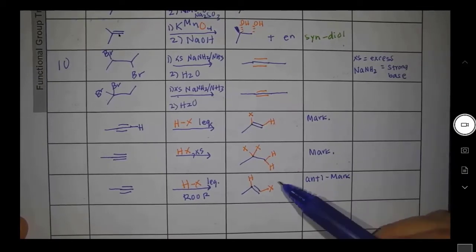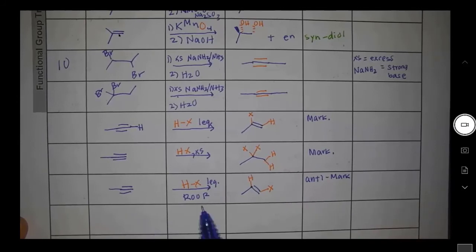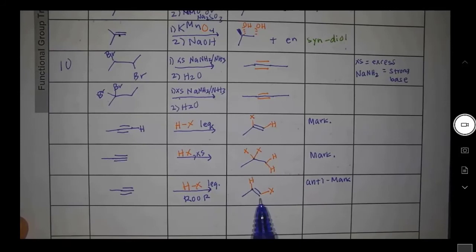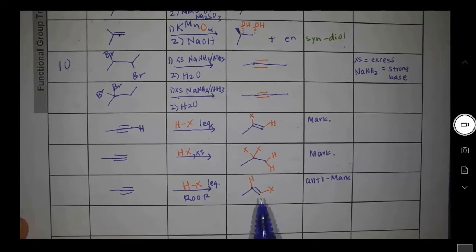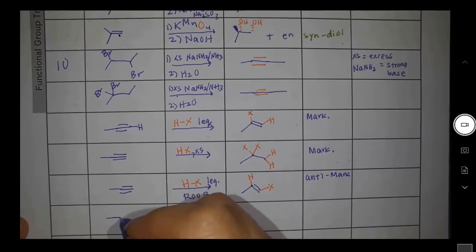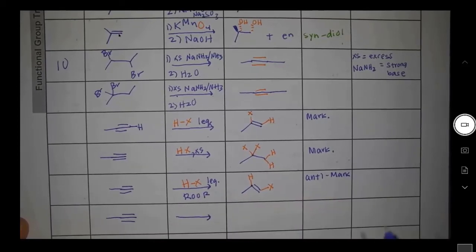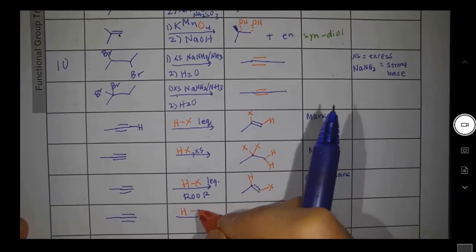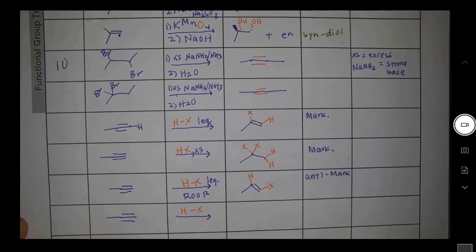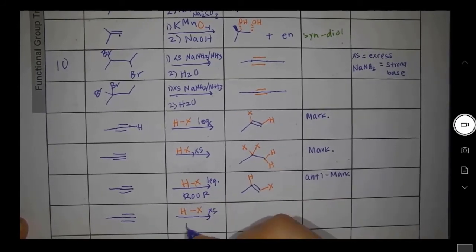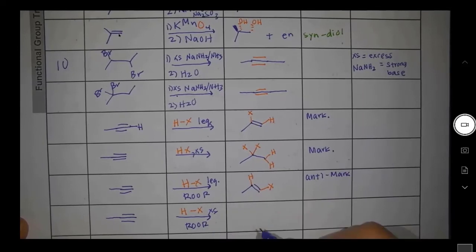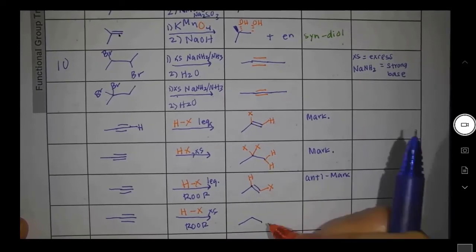So the product of the HX here with our one equivalent is an alkene. So that's just going to react one time. If we do the excess like we did above, we'll get 2 halogens here.